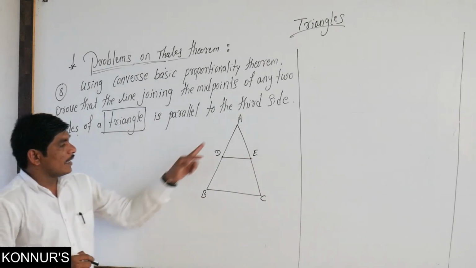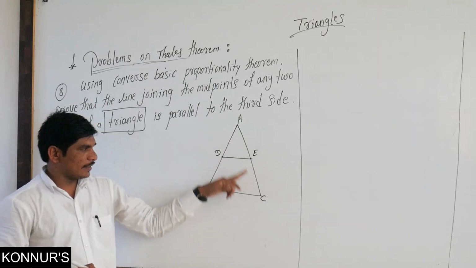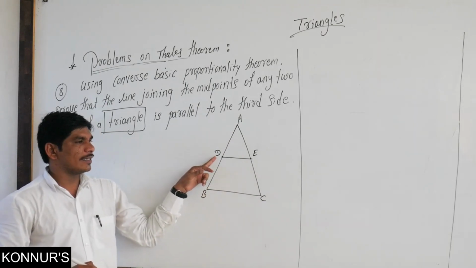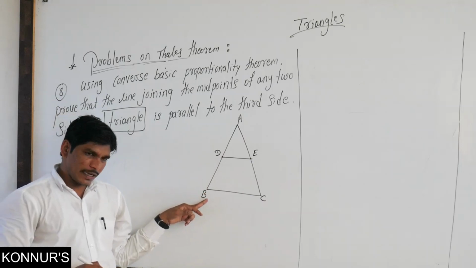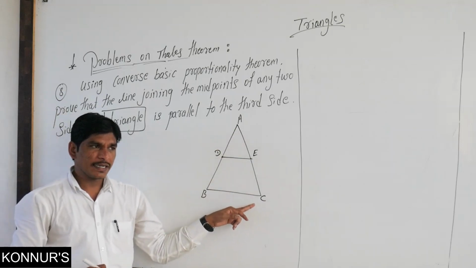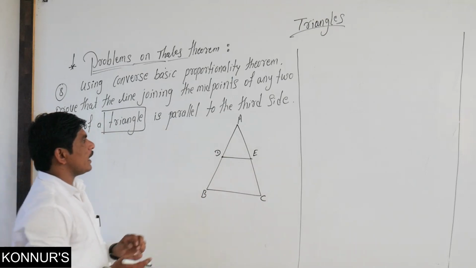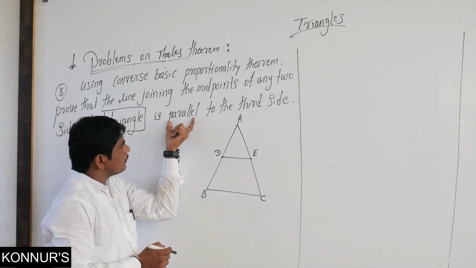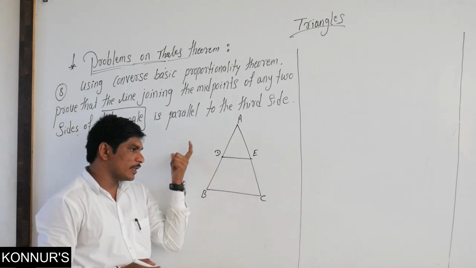D is a midpoint on AB, E is a midpoint on AC. Based on these two results, we are proving this line is parallel to BC. This is the result of the given question.